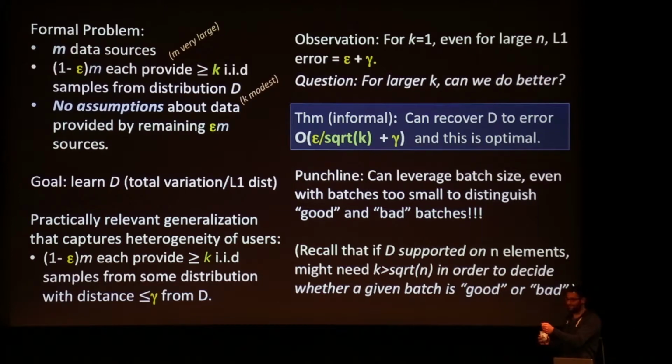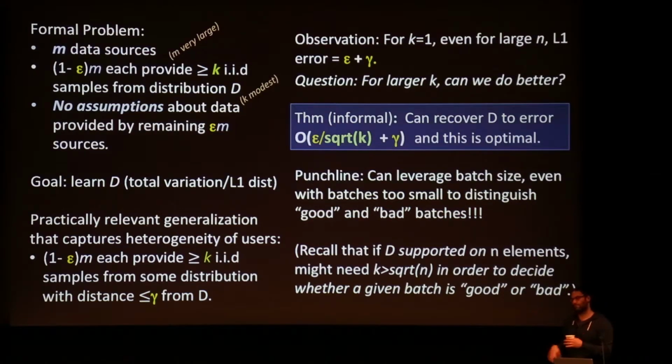Even if you know what this distribution D is, you might need root n samples to figure out if a given batch is good or bad. So here, even when k is 3 or 4 and so on, independent of the support size of our distribution, we're able to leverage the batch size to decrease the error.